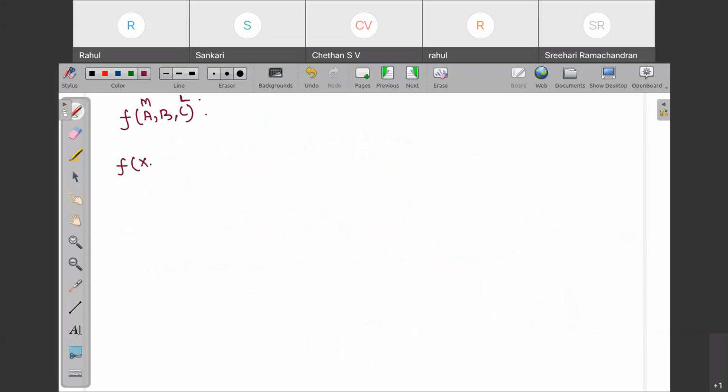If it is written like this, then obviously X is MSB, Z is LSB. If it is written like this, obviously P is your MSB, R is your LSB.